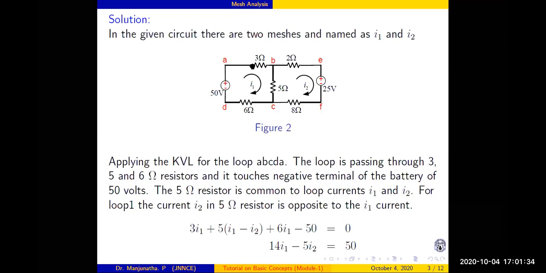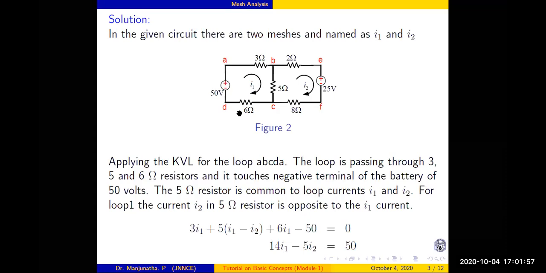So 3I1 plus 5(I1 minus I2), because I2 is opposite to I1, hence 5(I1 minus I2).